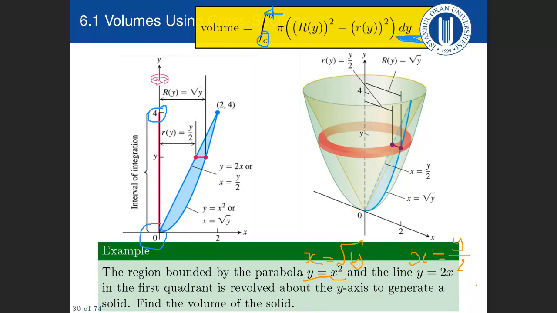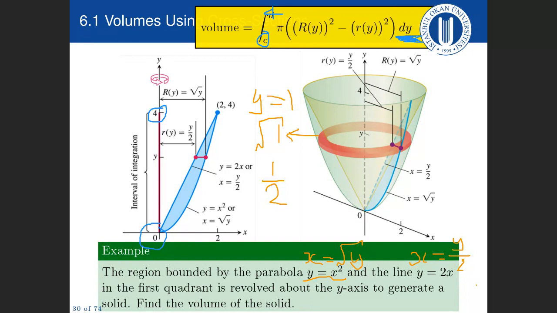Which one of these is the biggest one? Let's choose an easy number. This time let's choose y is equal to 1 because 1 is an easy number. If y is equal to 1, then I have square root of 1 and I have 1 over 2. Which one of these numbers is the bigger one? Which one is the smaller one?